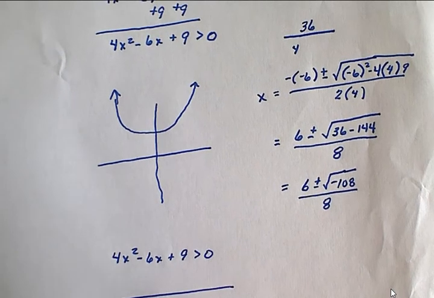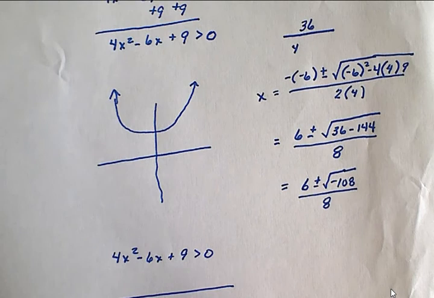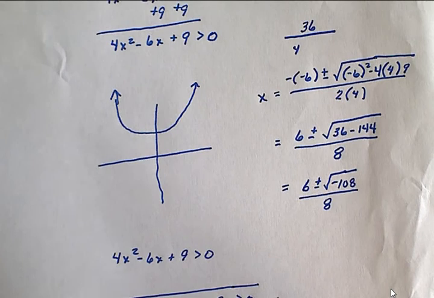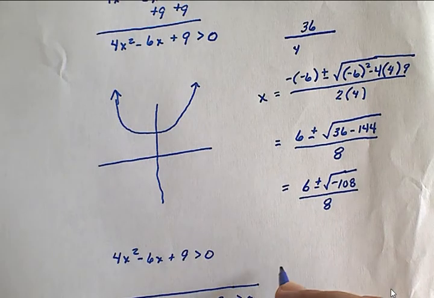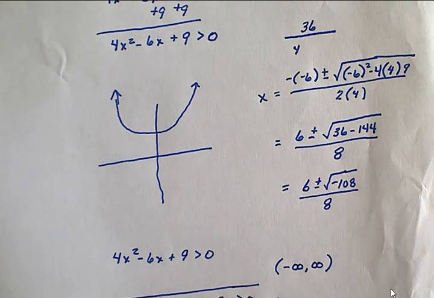When you plug in a 0, you end up with 0 minus 0 plus 9, which is 9. And 9 is greater than 0, like the inequality says. So 0 works. We get a yes out of that. So if 0 works, then all of the numbers work. So my solution here is from negative infinity to positive infinity, all real numbers.